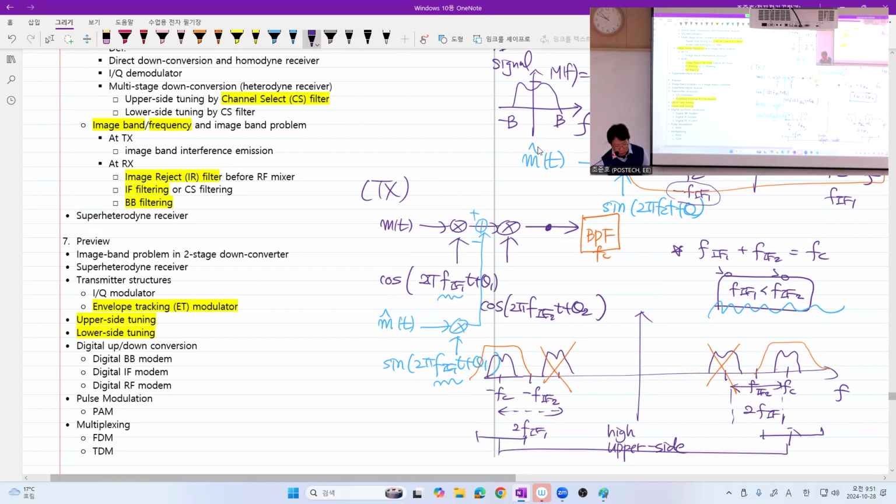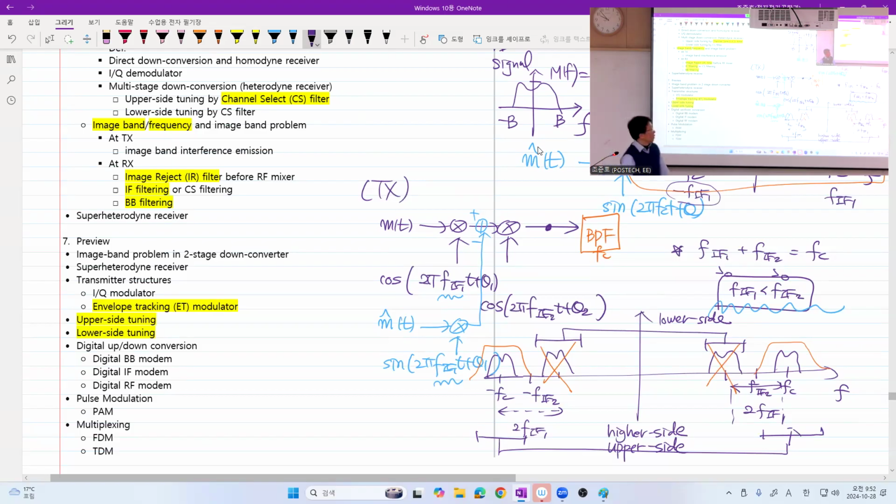And this part is called lower side. And here we use this upper side or higher side. This type of transmitter with heterodyning two-stage mixers is called upper side tuning or higher side tuning two-stage transmitter.